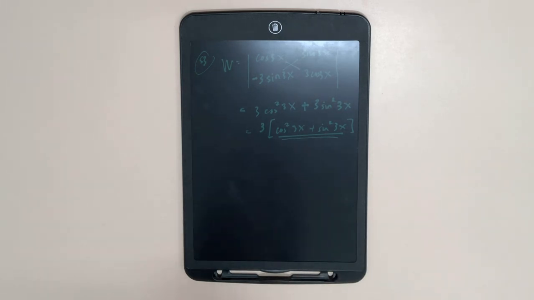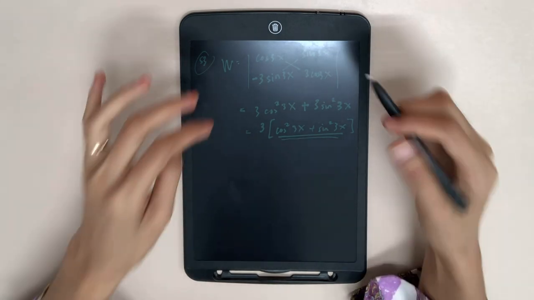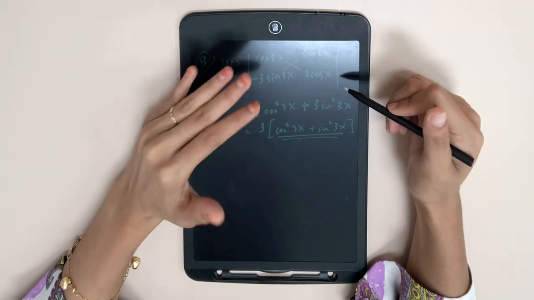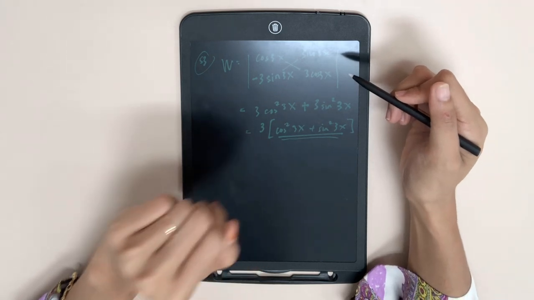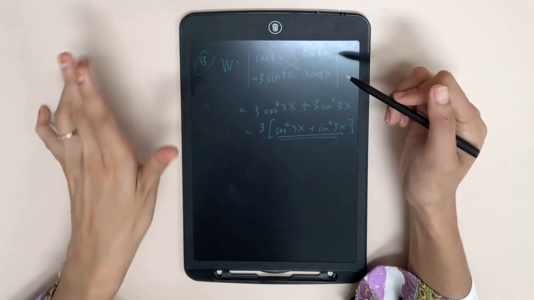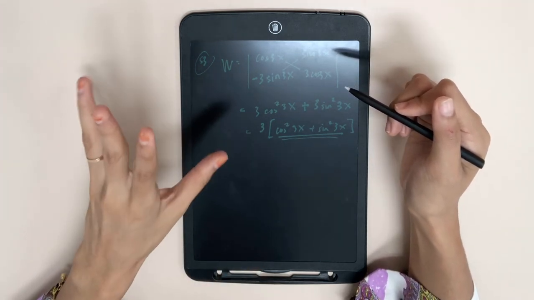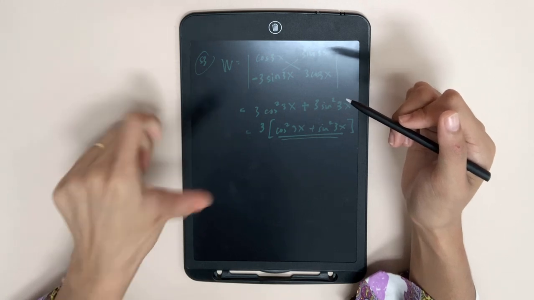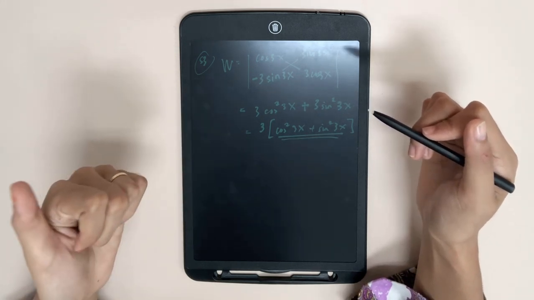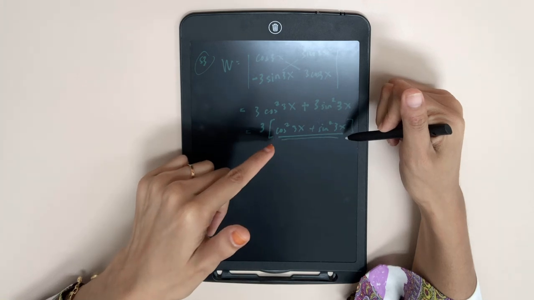I'm not sure whether you remember, but I believe all of you already learned this in school, even the differentiation of sin and cos. So you should have no problem understanding this.